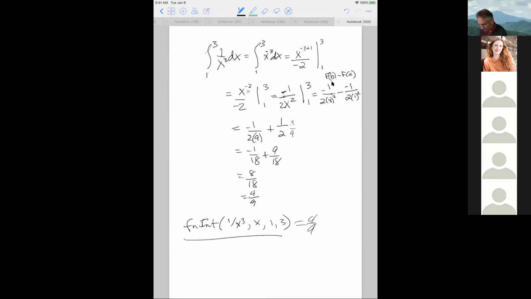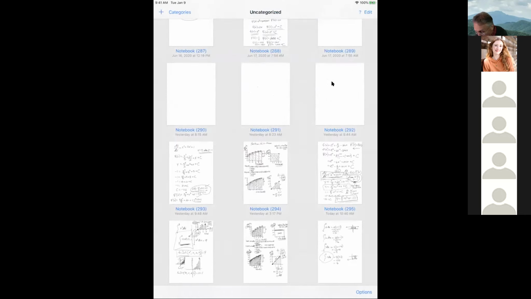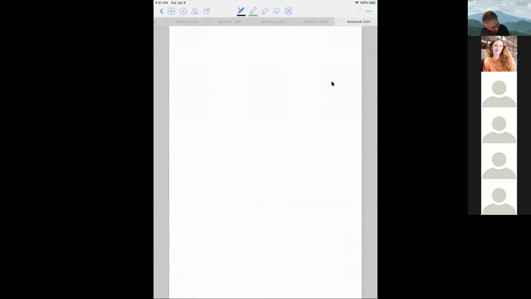Okay, let's do another one. Let's do one we haven't talked about yet, and that is, what if we have a fractional exponent? All right, so what if we have the integral from 0 to 1 of the square root of x dx.